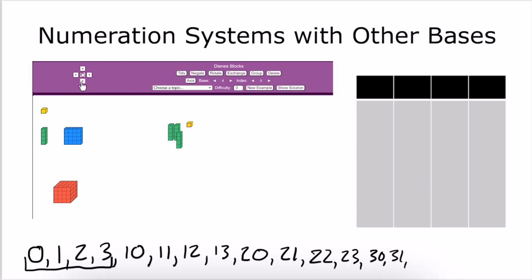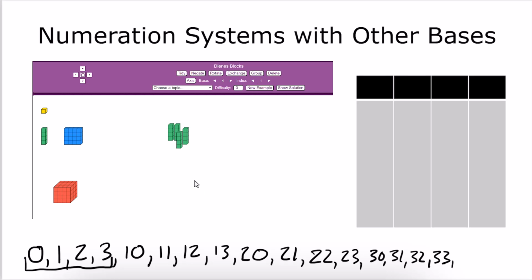So we'll keep on counting on here. So we have 3, 1. Then we have 3, 2, represents that amount I have on the screen. Then 3, 3 would be this amount. And the next amount that we have is going to move into the next place value because when I regroup these 4 1s into a 4 block, I now have 4 4 blocks.